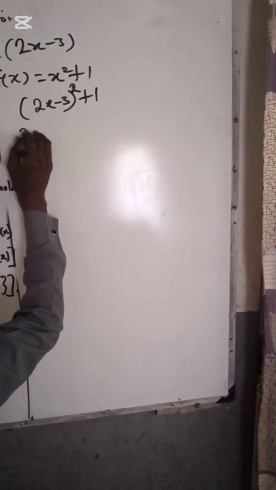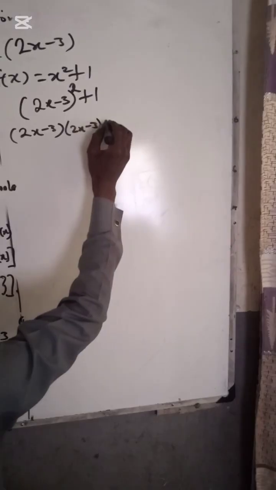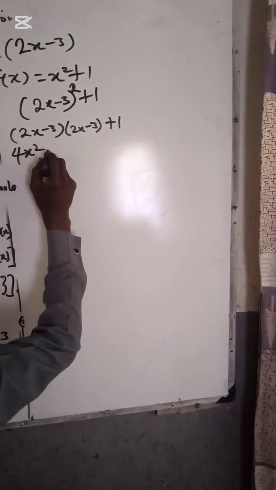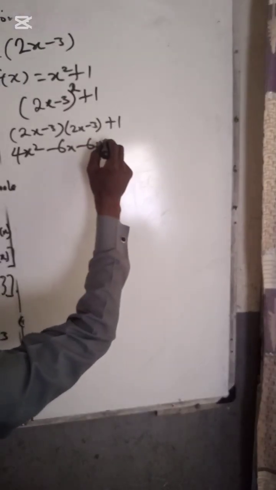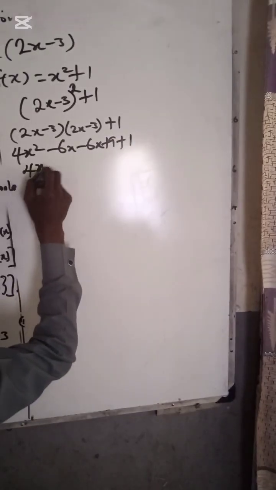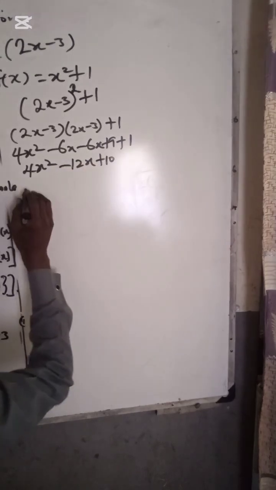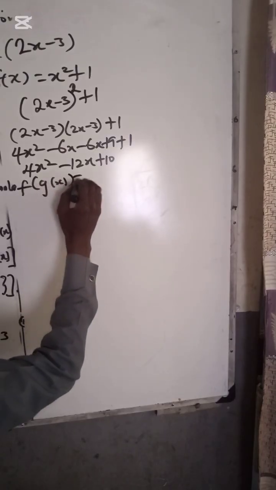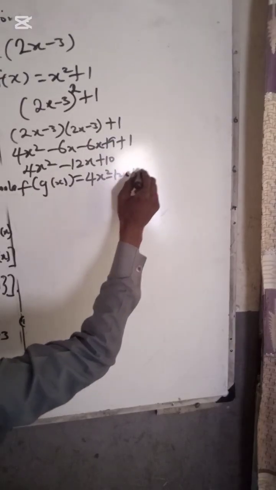So we now expand this: 2x minus 3 times 2x minus 3, plus 1. 2x times 2x gives us 4x squared. 2x times minus 3 gives us minus 6x, and another minus 6x. Minus 3 times minus 3 gives plus 9, plus 1. So you have 4x squared minus 12x plus 10. Therefore, f of g of x is equal to 4x squared minus 12x plus 10.